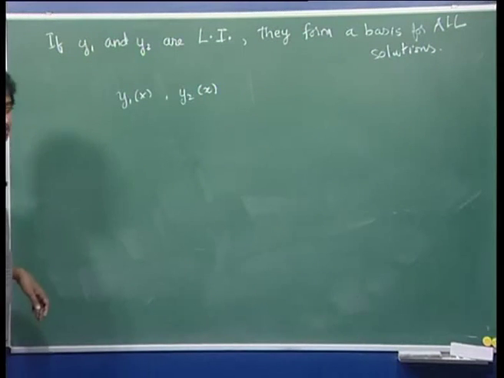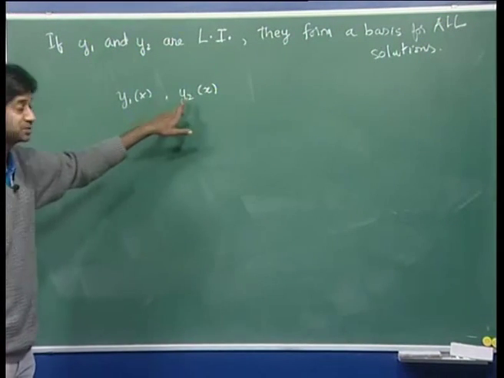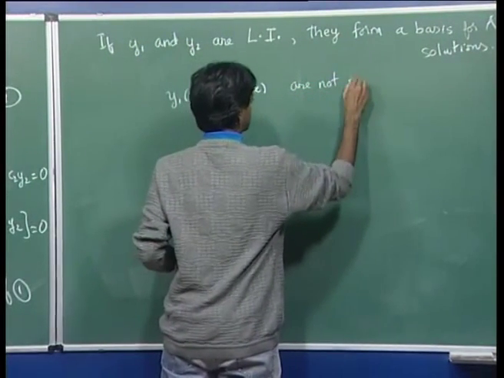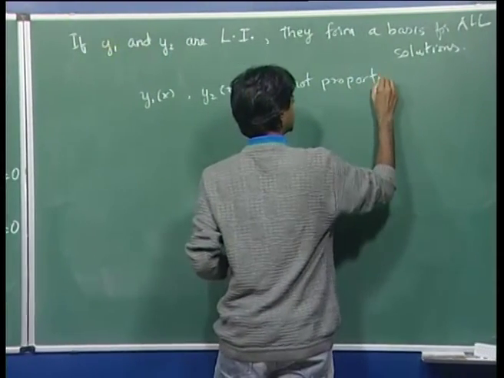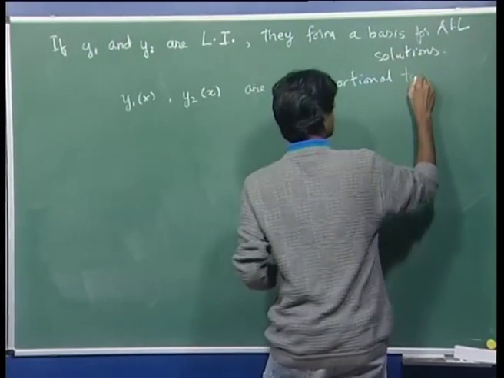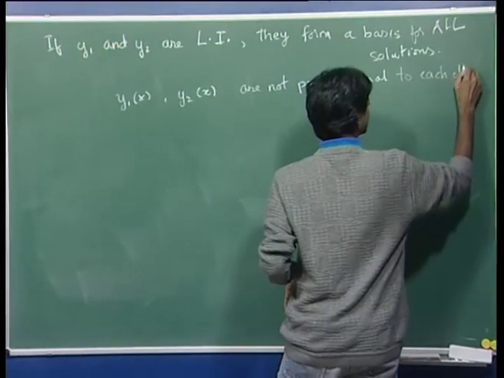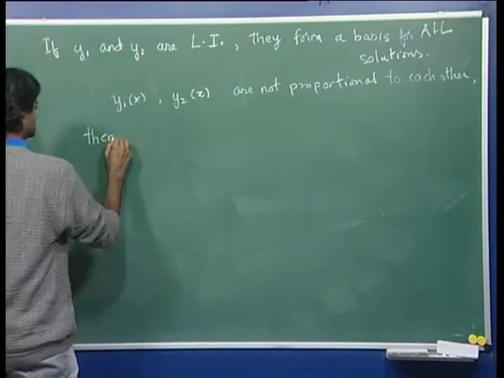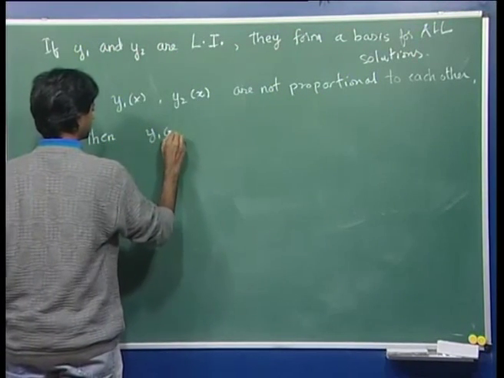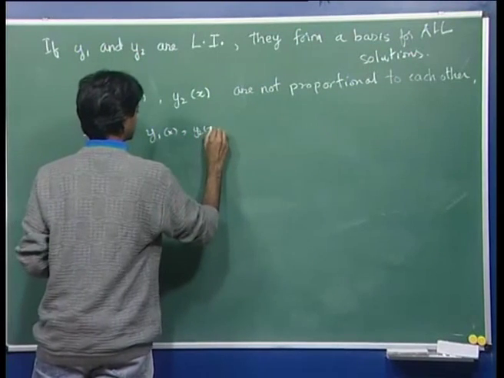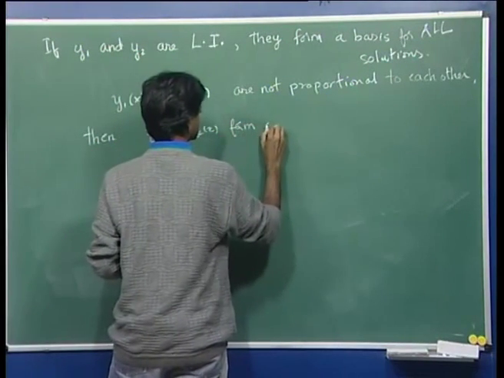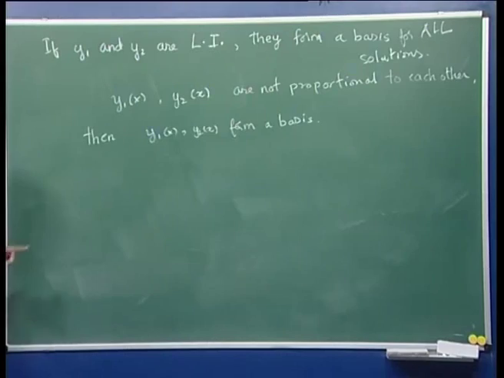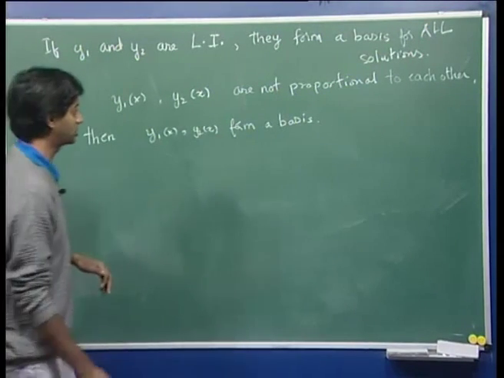So if these two are linearly independent, and when I say that they are linearly independent, that means they are not proportional to each other, okay, then y1 of x, y2 of x form a basis. Basis for all solutions. Okay, so if they are not proportional to each other, they form a basis for all solutions.